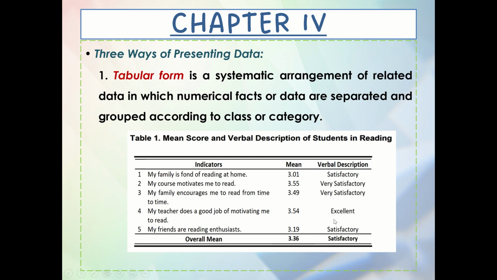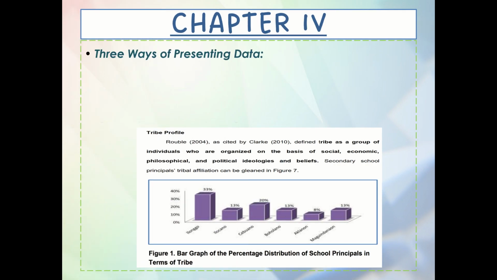And then, the verbal description. Included yan sa inyong instrument. And then, the overall mean. So, i-average lahat ng yan. Ito yung magiging overall mean. And then, the verbal description of this one, satisfactory. So, again, kay statistician naman manggagaling yan. So, all you have to do is to present it. And then, afterwards, you analyze it. Okay? So, that's a tabular form.